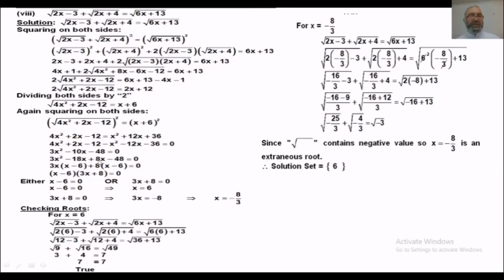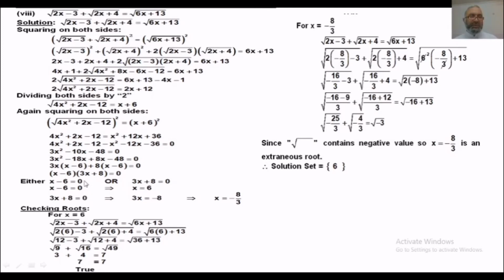So solving this by factorization, we get two factors. Factorizing this, make factors of minus 10: minus 18 plus 8. Their sum is minus 18 plus 8, which becomes minus 10. If we multiply, we get the product of A and C, the last term and first term. So we get two factors, x minus 6 into 3x plus 8 equal to 0.